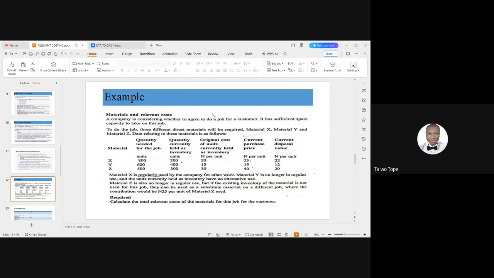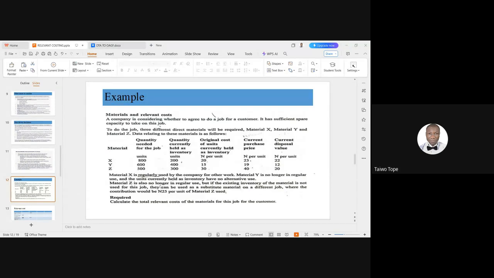Yes, yes. So what he has now added is the concept of comparing the disposal value and using that material on a different job.